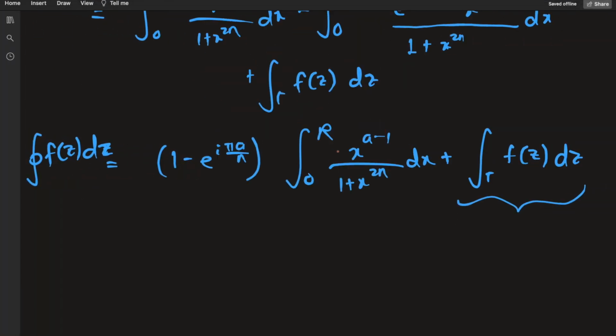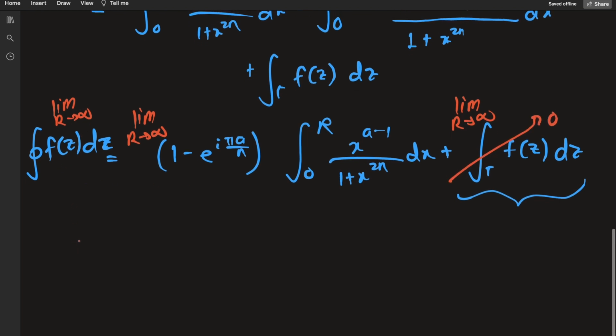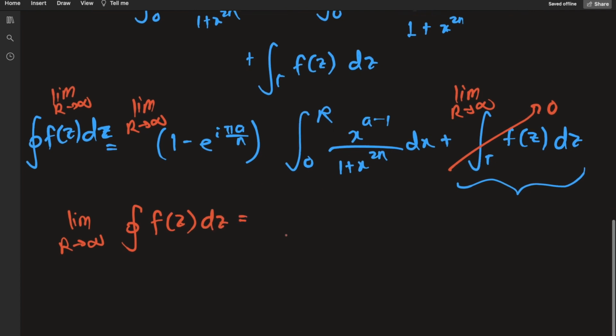So now we know that if we take the limit as r goes to infinity, this integral over gamma goes to 0. So let's do that on both sides. This guy will go to 0. Just keep this as it is. This guy will just become 1 minus e to the i pi a over n.